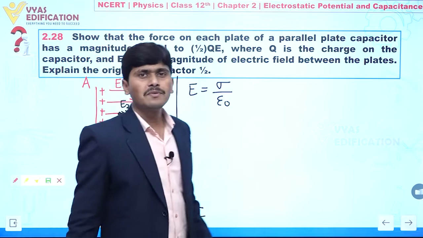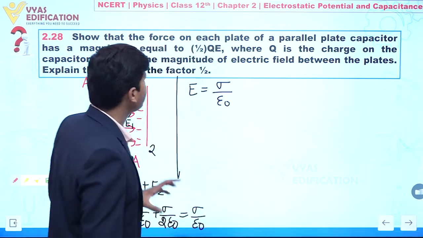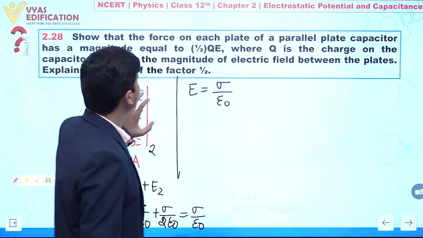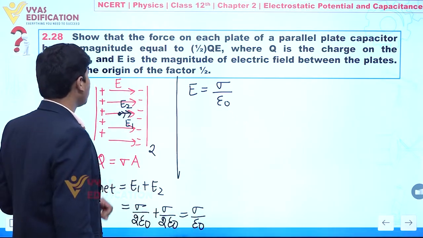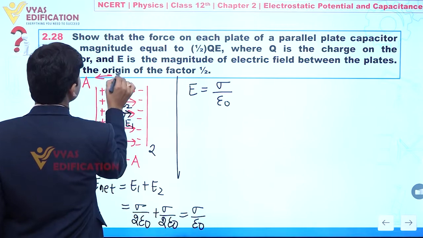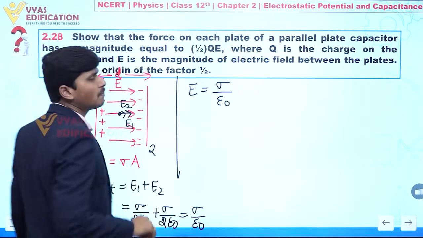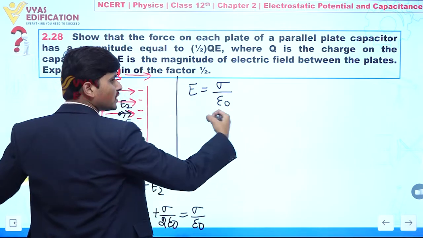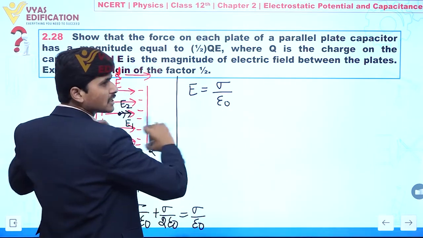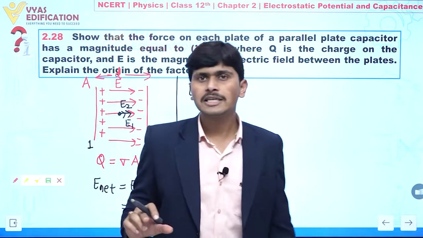Now what is our objective in this question? The objective is to calculate the force acting on each plate. Listen carefully to what I am doing here. Let's suppose the spacing between these two parallel plates is small d. Now let's suppose I am increasing the distance between these two parallel plates by delta x.